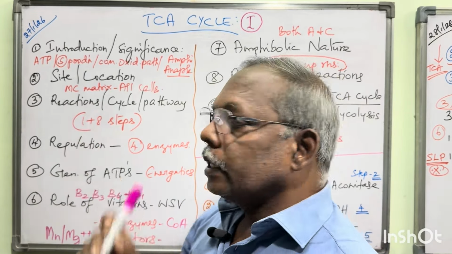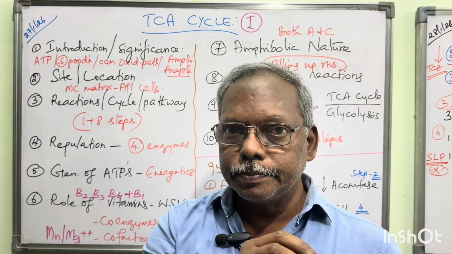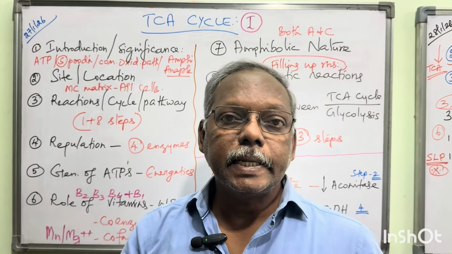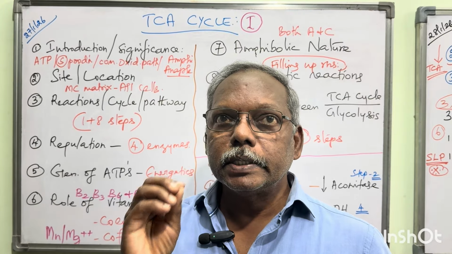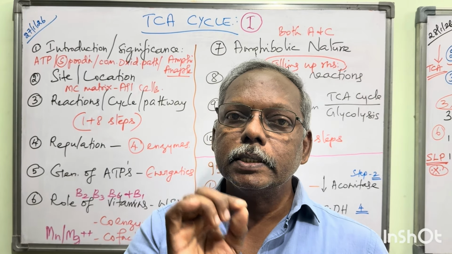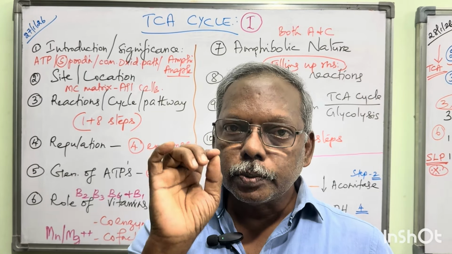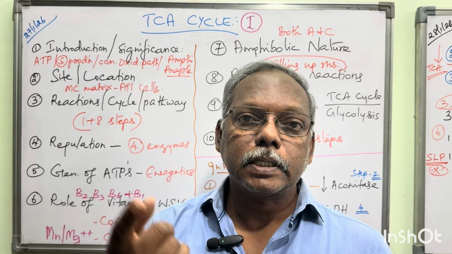Next one is reactions. Like glycolysis has 10 reactions, 10 steps, here there are 1 plus 8 steps. Why am I saying 1 plus 8? Usually the TCA cycle starts from acetyl-CoA condensing with oxaloacetate and producing citrate. This is the first step. So you should mention where the acetyl-CoA is coming from.